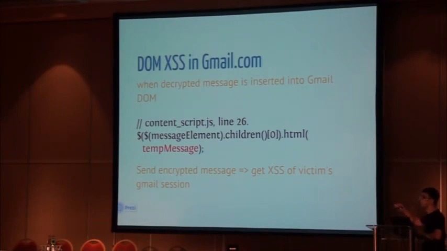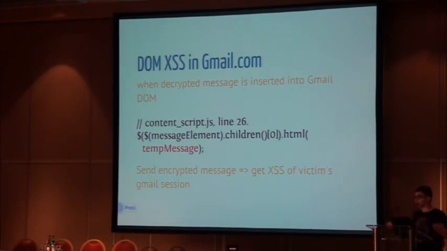The usual thing: I, as an attacker, send an encrypted message, encrypted with your public key. You have the extension installed. You press the button to decrypt the message. And within that message, there's HTML with JavaScript. And guess what? It's being directly inserted via innerHTML. This is, of course, the jQuery wrapper. It gets inserted back into the Gmail interface.